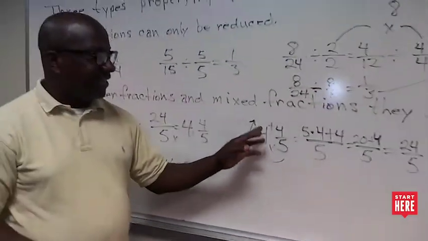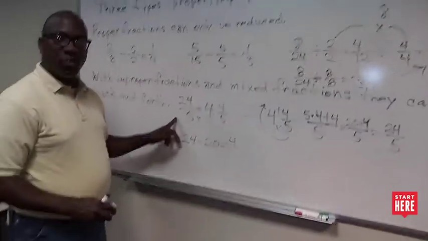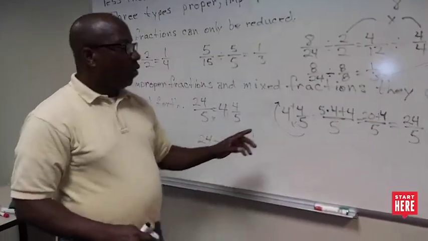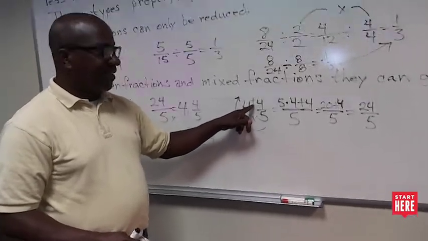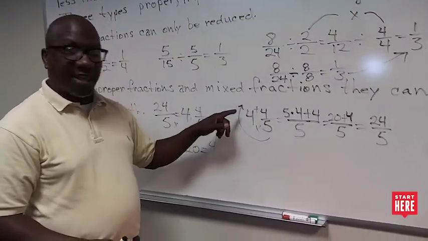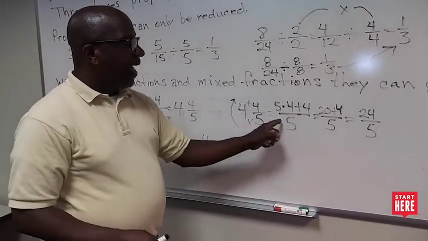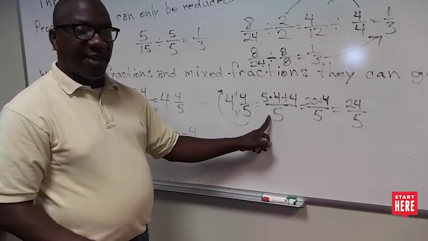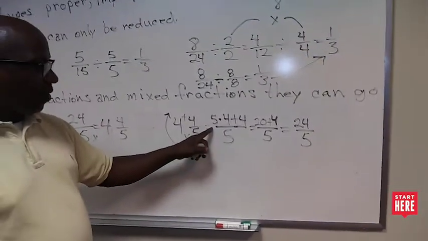Now we want to change that 4 and 4/5 back to what it was, 24 over 5. We use the process of multiplying and addition, and we always go counterclockwise. We bring our 5 over. The denominator does not change. So we're going to say 5 times 4.